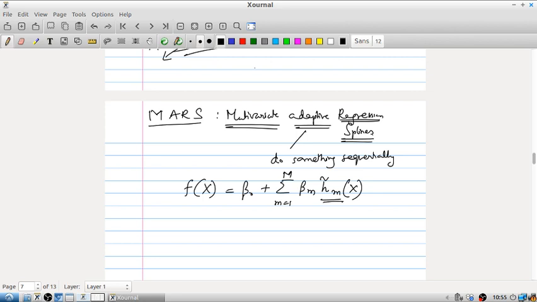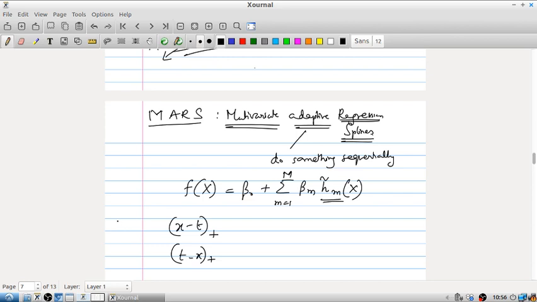But to define these functions, let me first define the simple set of functions. These functions will be described in terms of another set of functions, which I'll write right here: x minus t plus, and t minus x plus.